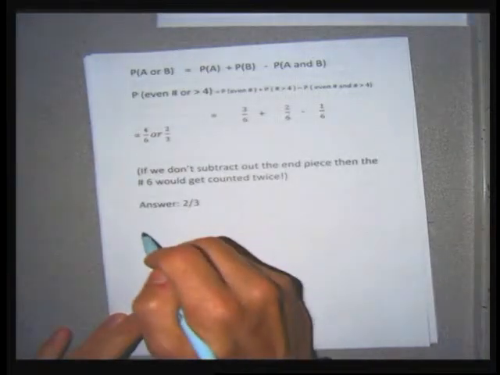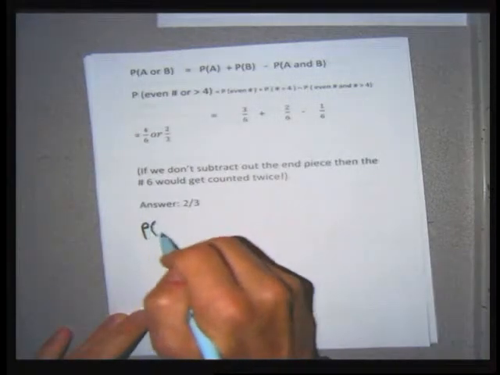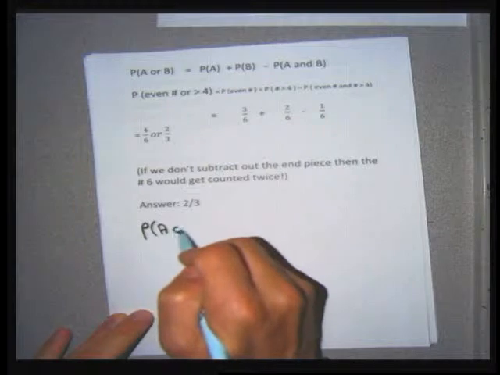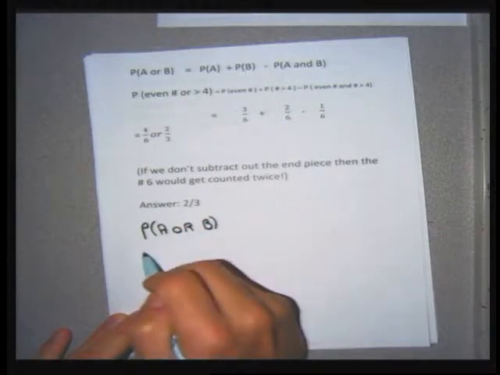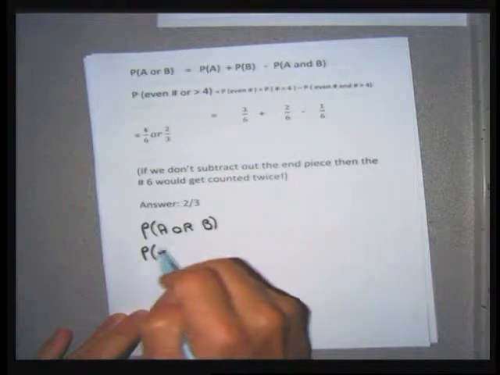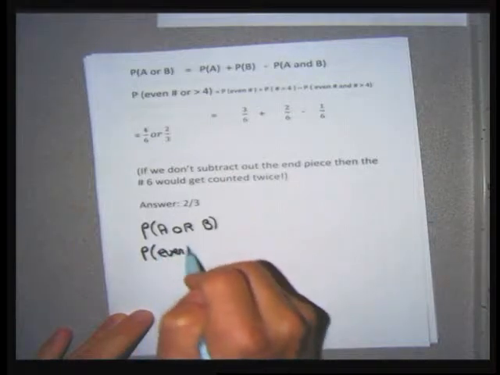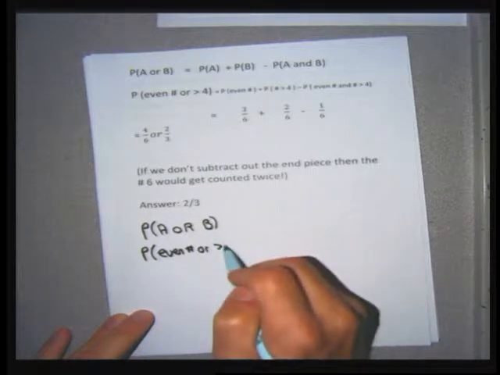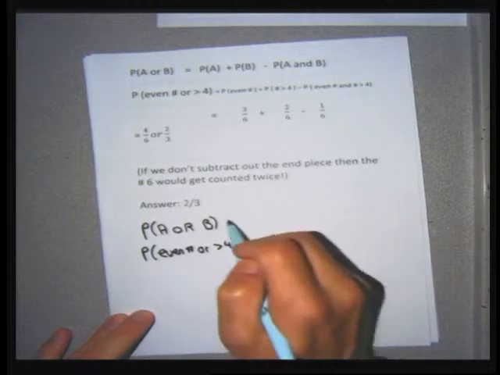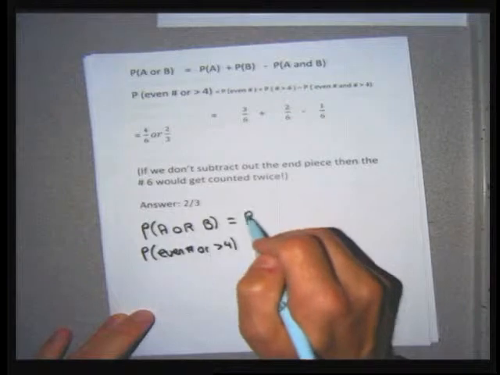Now I can make our problem fit the formula better, and I'll try to write this bigger. Where we have the probability of A, I'm going to change that to the probability of getting an even number. And where we have the probability of B, I'm going to change that to the probability of getting a number greater than 4.